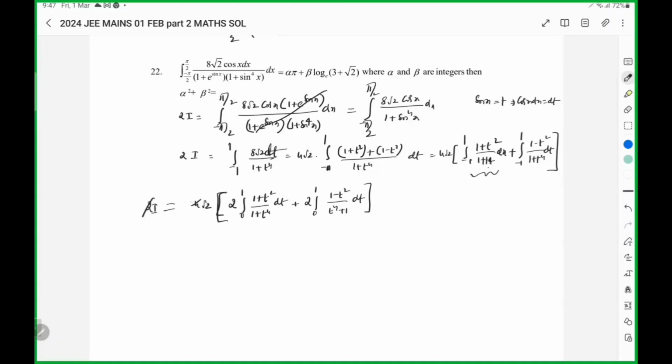So I here is 2 root 2 into 2, 4 root 2 times 0 to 1, t square plus 1 by t square.